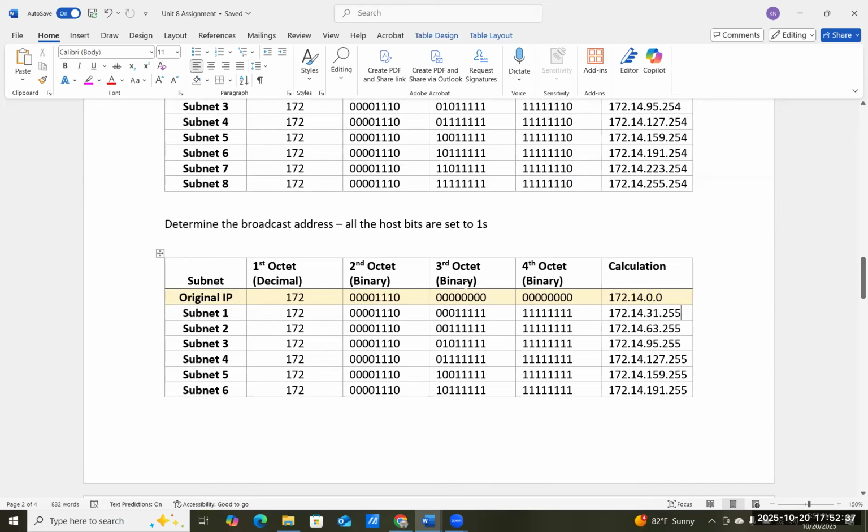I put a note that all your host bits are set to 1 on the last octet, or the octet that you're working with, because it might be a different class when you do a different example later.